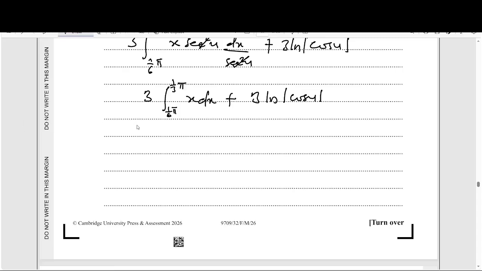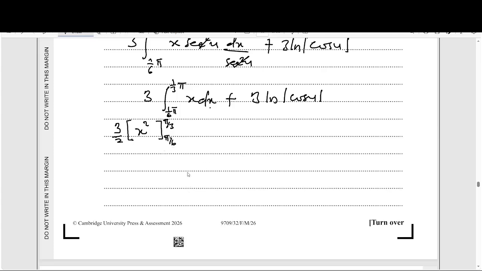Now the left hand side becomes 3 out, and the integral of x with respect to x is x squared over 2. So I'm going to write the over 2 here since it is a constant. And then I go from pi over 3 to pi over 6.